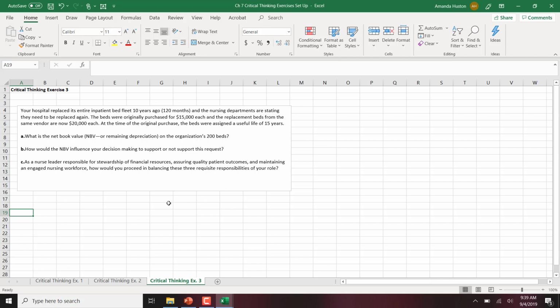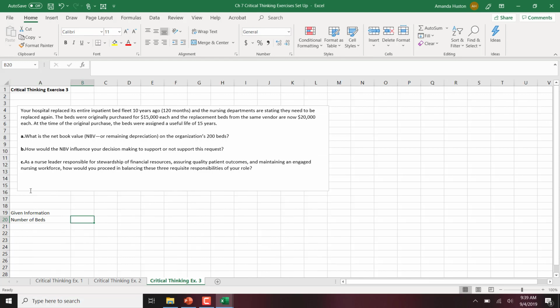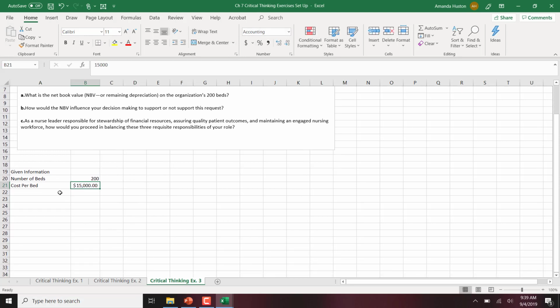All right, so first let's put down the given information. I always set up my problems like this. There are a number of beds. Right, so my number of beds is 200. Cost per bed. We said that was 15,000. I like to format my numbers correctly because it makes it harder to read if I don't do this. So I'm just taking this information from the problem.